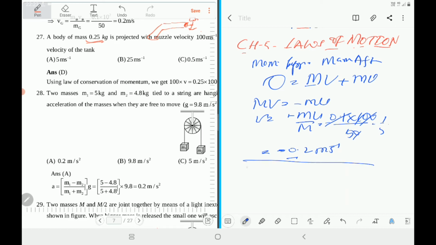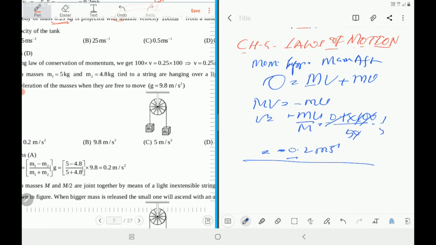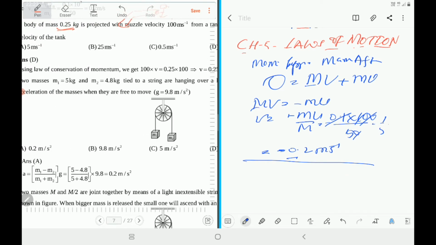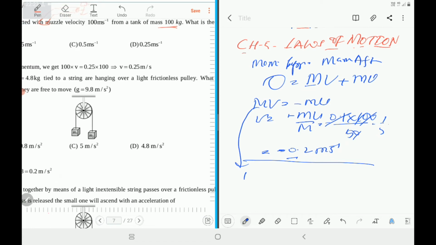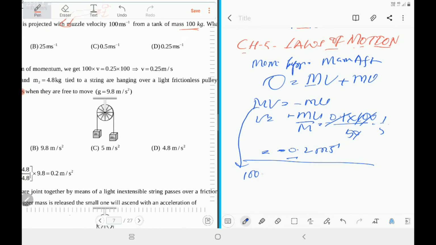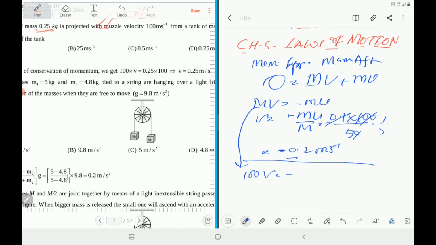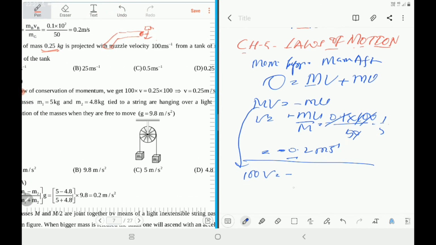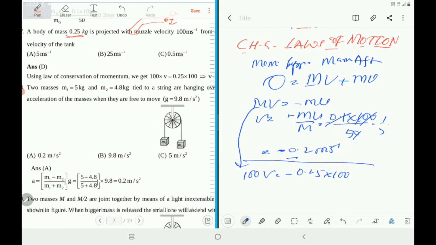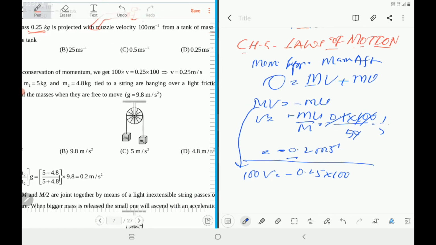So you just use the same law of conservation of momentum. Okay. What is the mass of tank? That is around 100 kg into its velocity, that's equal to minus mass of bullet, 0.25 kg, into its speed 100. That's all, right? A body of mass projected from a gun.